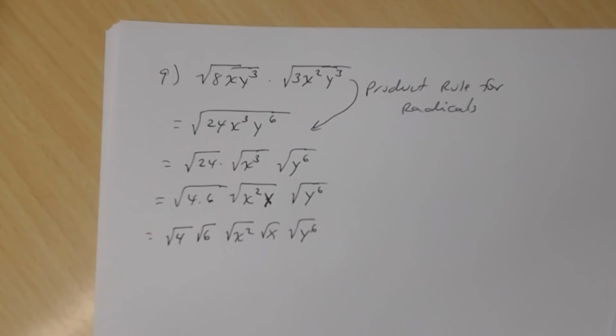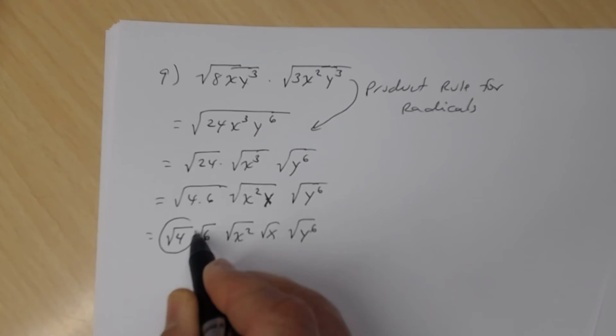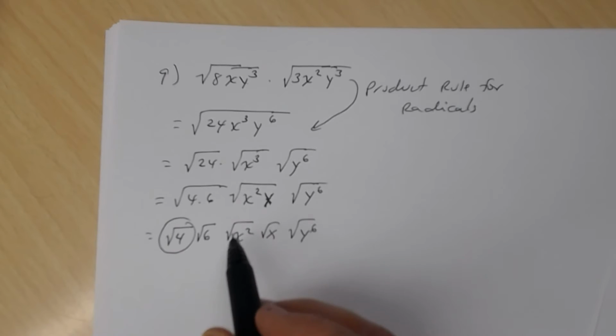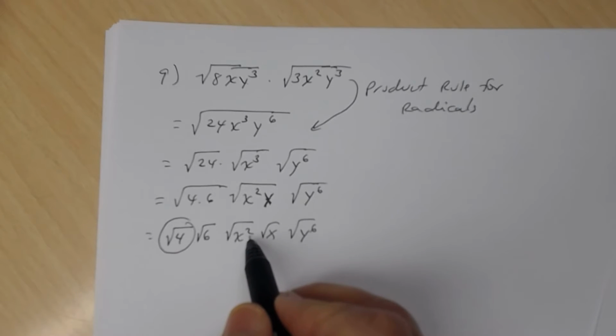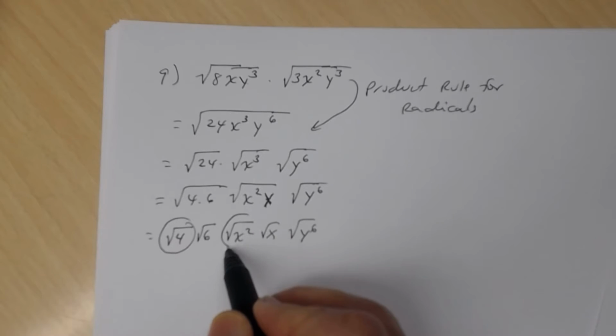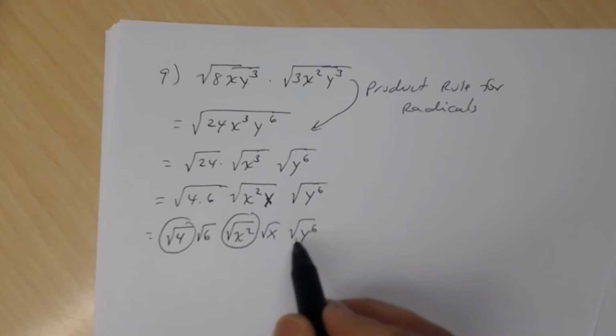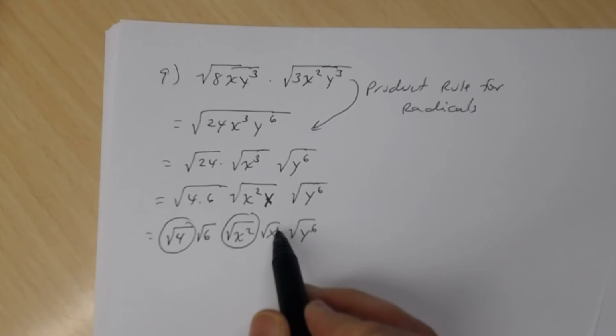Right, so here, since 4 is a perfect square, I can simplify the square root of 4. Since the exponent's even, I can simplify the square root of x squared. Now here I cannot simplify the square root of x because that exponent 1 is less than 2. So that's as simplified as this can get.